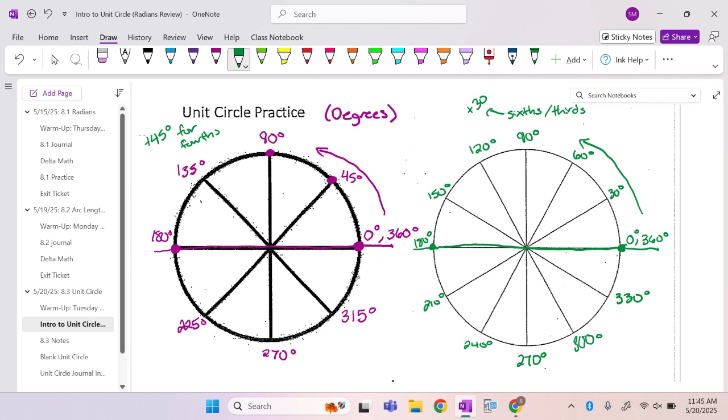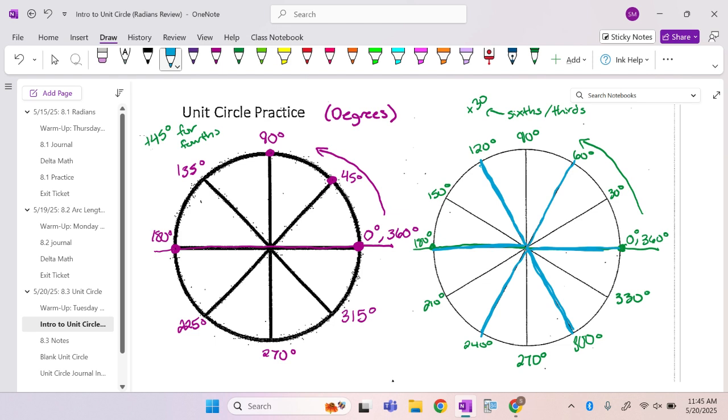Now, let's look at the thirds. So where I drew those blue lines, these are all the thirds. And that includes the 180 and the 360. So this is also a third, also a third. So what is the pattern for the thirds?